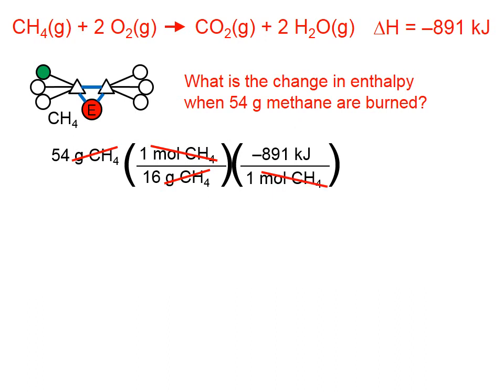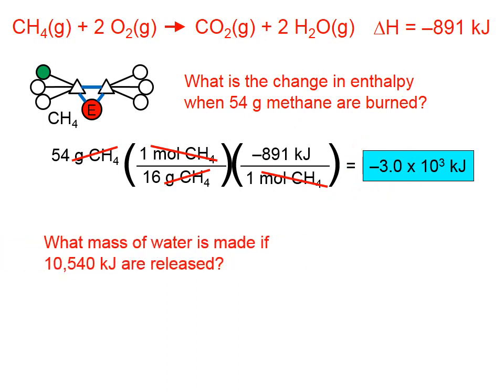Moles of methane cancel, then we'd simply go 54 divided by 16 times negative 891, and we get roughly negative 3,000 kilojoules. But if we're reporting this to the correct number of significant figures, 54 was our given quantity, which has 2 sig figs, so we should report 2 in our answer.